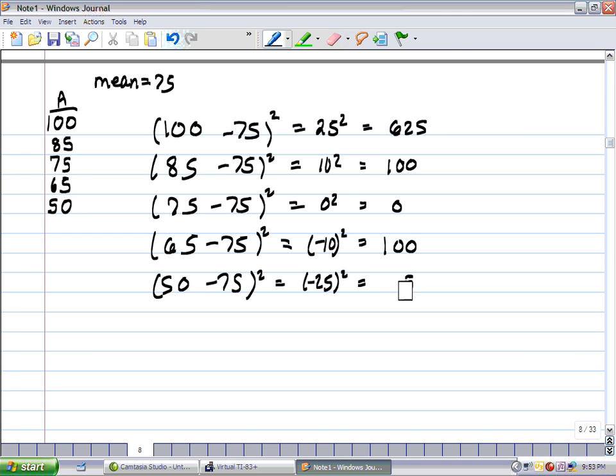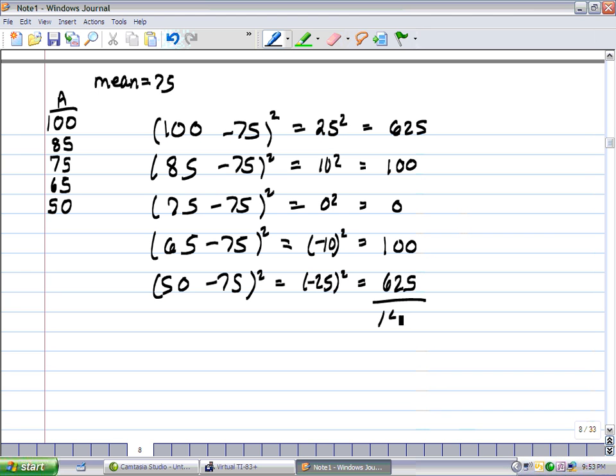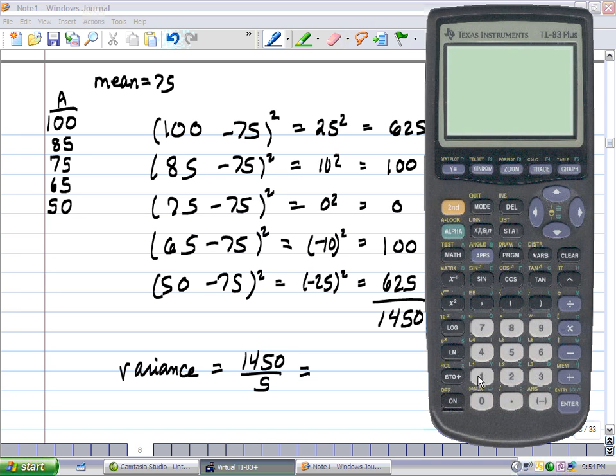Whoops, 25, negative 25 times negative 25 is 625. And look, I've already added them there. I get 1450. And so the variance is going to be 1450 divided by 5, which is 290.